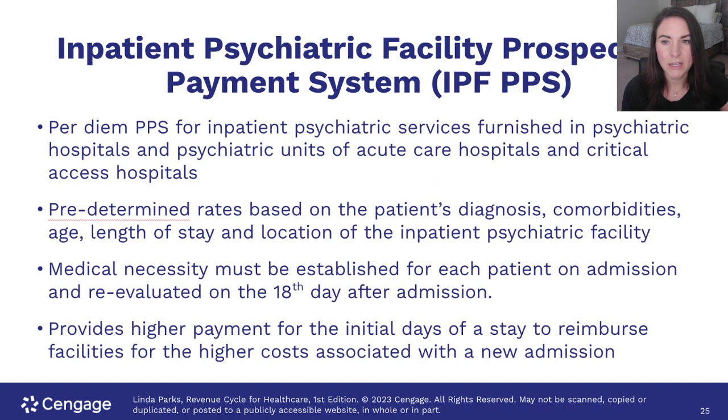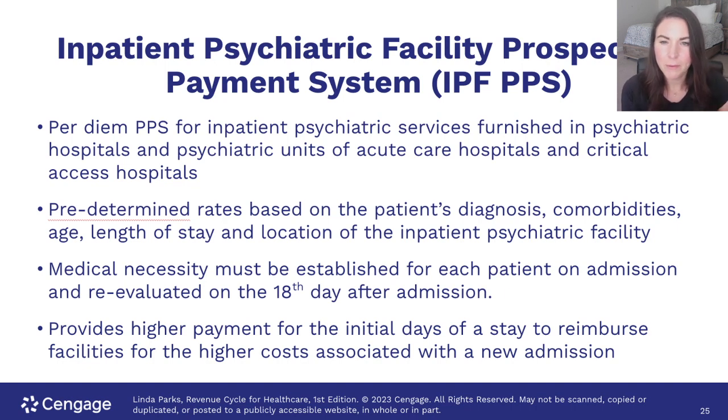Okay, the Inpatient Psychiatric Facility Prospective Payment System, or IPF PPS, excuse me, is used for psych hospitals and psych units in acute care or critical access hospitals. So this is for Medicare beneficiaries that have serious mental illnesses or alcohol or drug related problems.